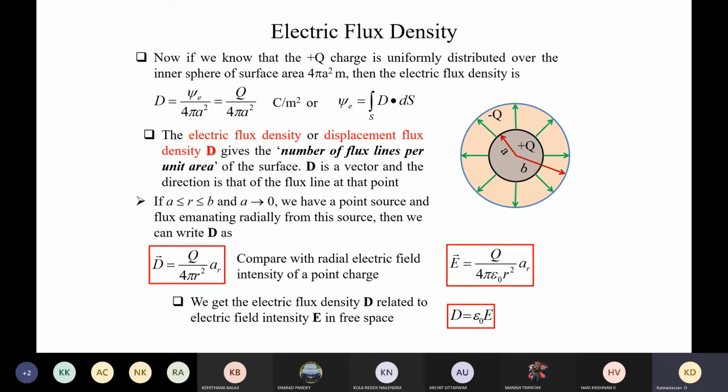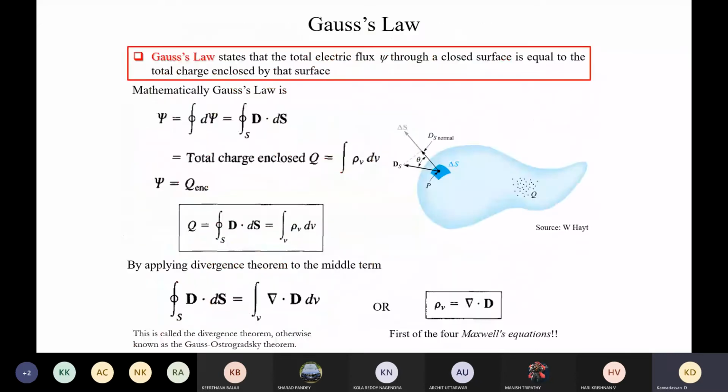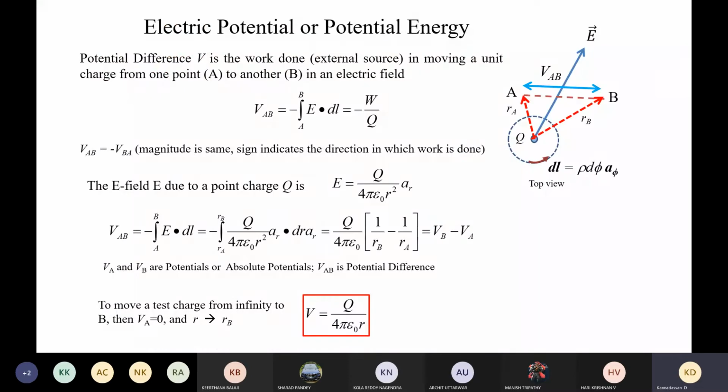So this electric flux density is another version of the electric field, and the advantage is we can easily calculate whatever difficulties we are feeling in Coulomb's law. We can use Gauss's law to solve that. Okay. And from the extension of Gauss's law, we have moved to the potential energy or the work done by a charge in a field.